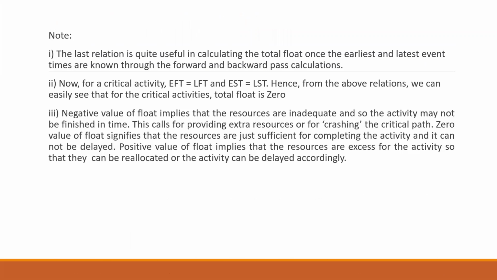If we have a negative value of float, it implies that the resources are inadequate, and so the activity may not be finished in time. This calls for providing extra resources or for crashing.